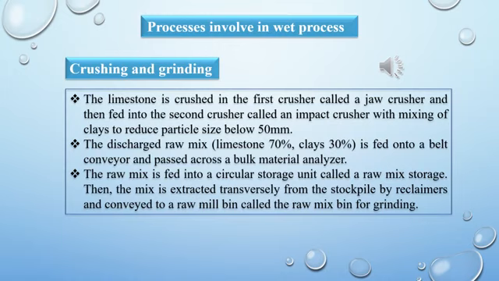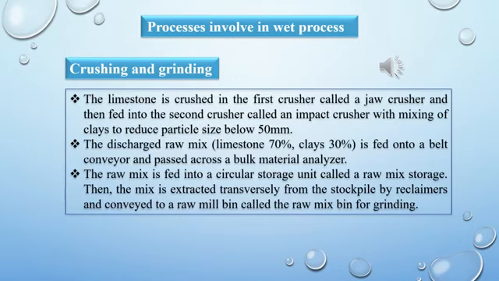Students, in these 3 points, he explained that we crush the raw material by two crushers. The first one is known as the jaw crusher and the second one is known as the impact crusher.